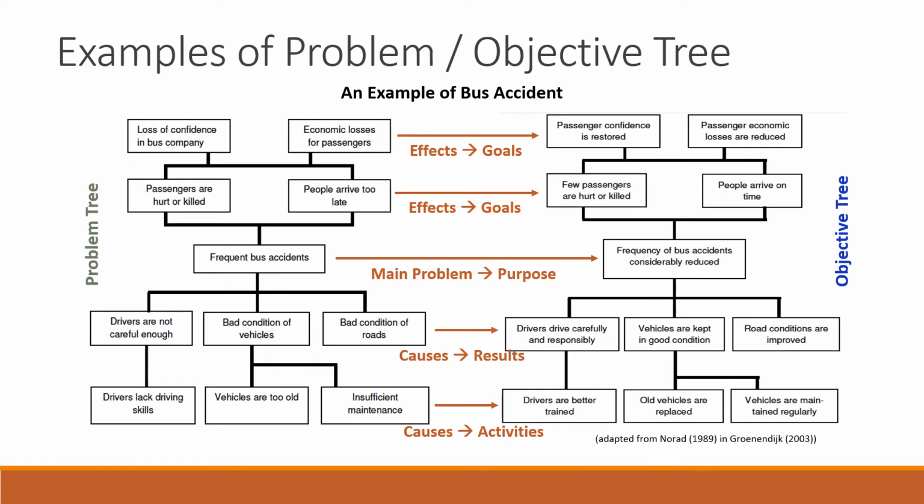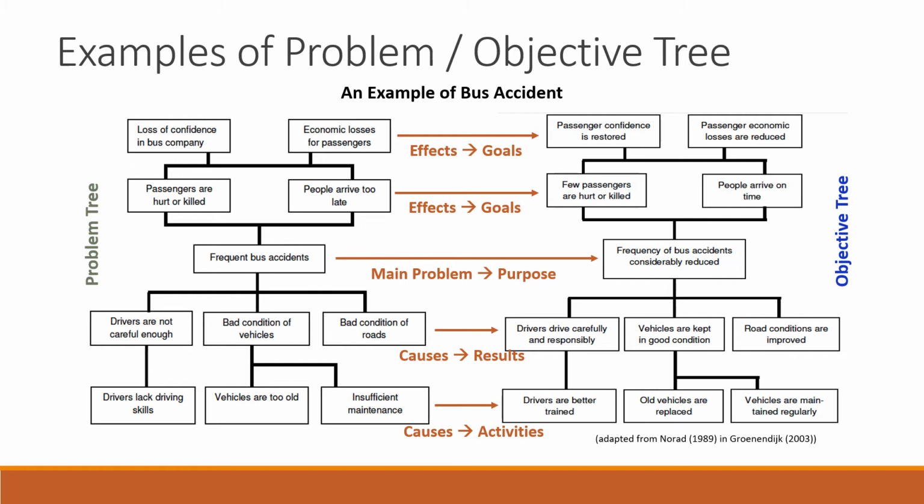Well, passengers are hurt or killed, people arrive too late, and also loss of confidence in the bus company and economic losses for passengers. All those are consequences from that problem and from those causes.